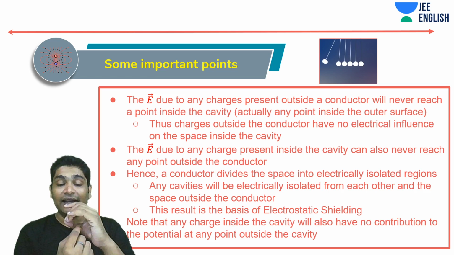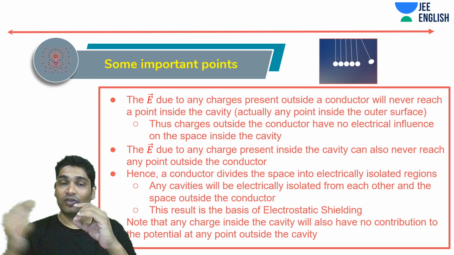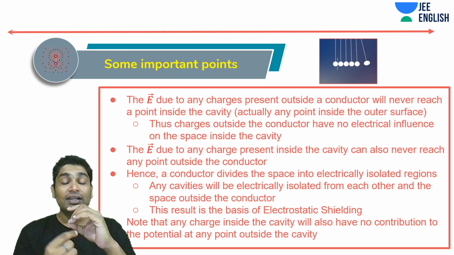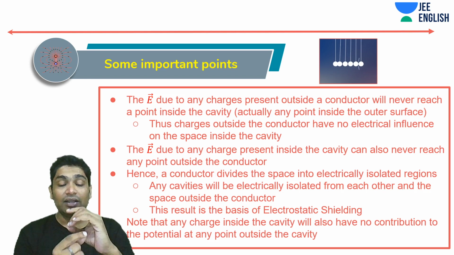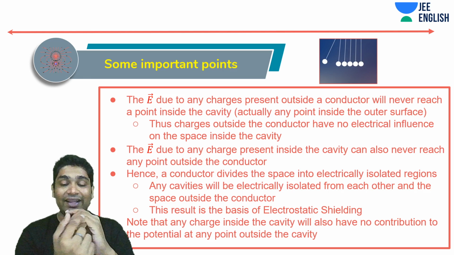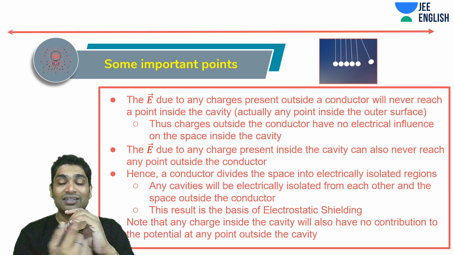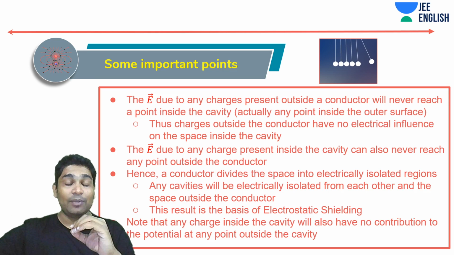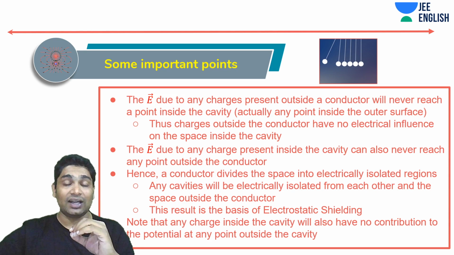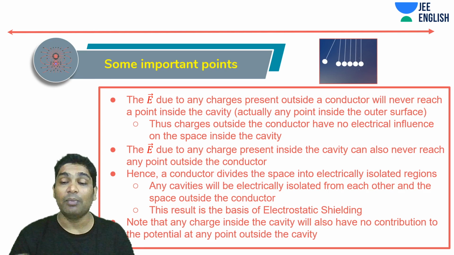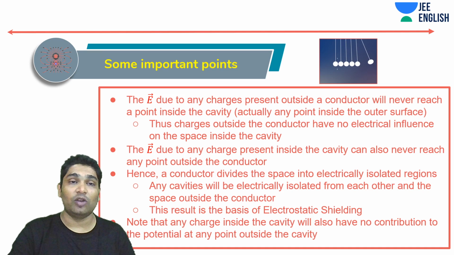Just like the electric field of this charge at every point outside was getting cancelled by the electric field of the charges appearing inside the cavity, by the same logic, any contribution to the electric potential of this charge at any point outside is getting cancelled by the charges appearing on the inside walls of the cavity. So any potential at any point outside this cavity or outside the conductor will be because of only the charges appearing on the outer surface. All right. So remember that. That will also help you in your problem solving.